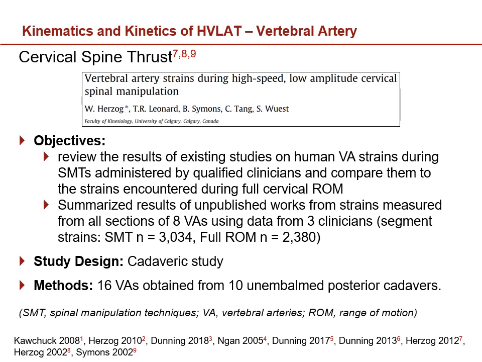You can see that the total number of N, or the number of strains captured, was well over 2,000 for both spinal manipulation as well as for the full ranges of motion. These were, once again, cadaveric studies, just given the nature of what they were looking at: 16 vertebral arteries obtained from 10 uninvolved cadavers.